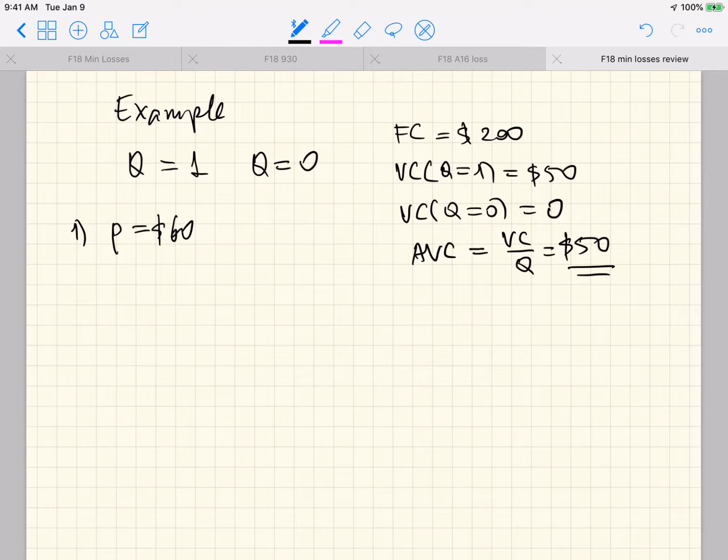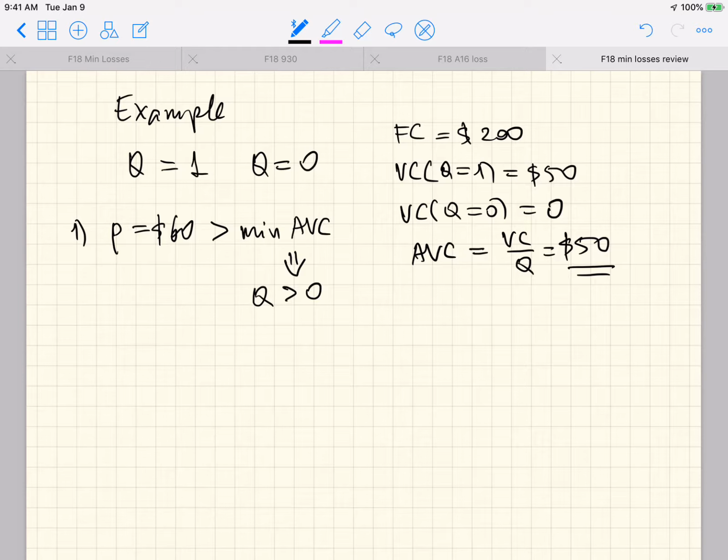But the thing is that if you keep your company running or take this order, then you will lose less money than keeping your truck idle. So $60 exceeds minimum AVC, which is $50, right? So we know that according to this rule, we should pick Q, well, larger than 0. In this case, basically 1, right?